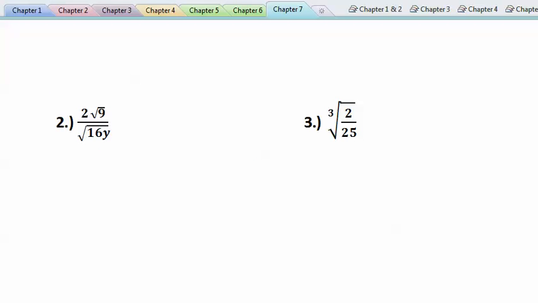We're going to look at number 2 now. You'll notice there's 2 radicals, square root of 9 and square root of 16y. What I'm going to do in this case is simplify those radicals first, to make it a little bit easier to work with. The square root of 9 becomes 3, square root of 16 becomes 4, but the y still stays underneath. Now this is a little bit harder because we don't know what to multiply to get a perfect square. So this is where the index comes in.